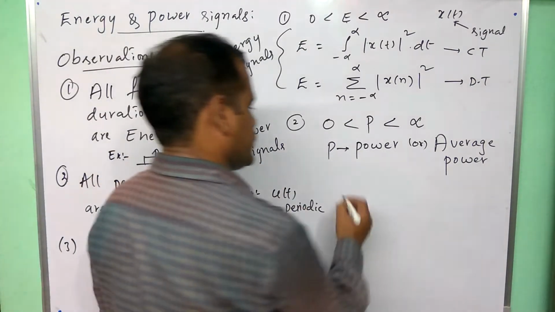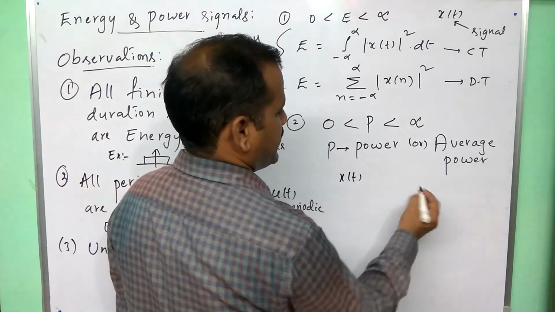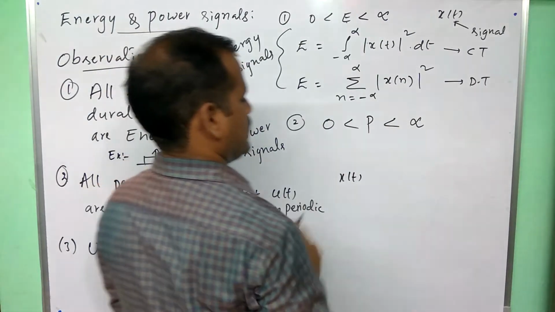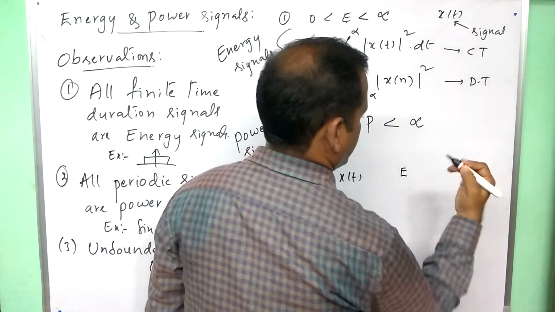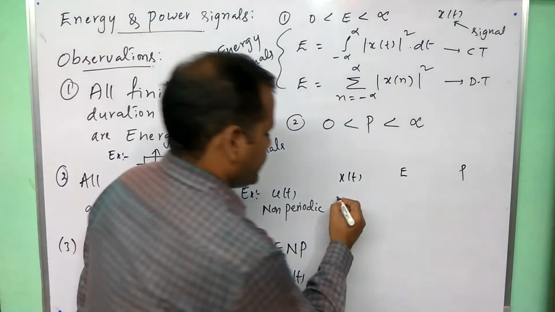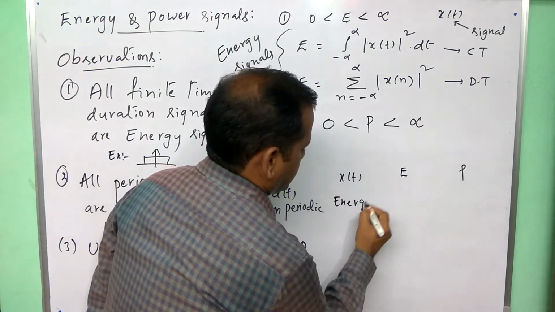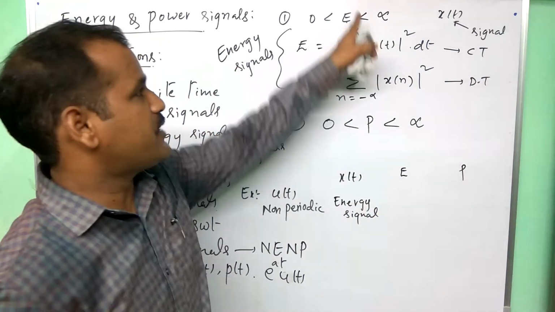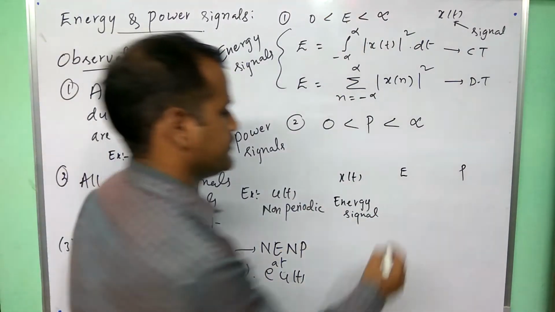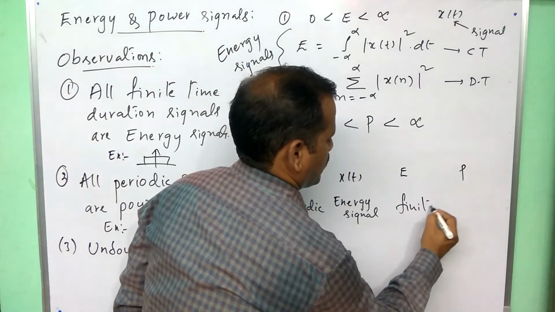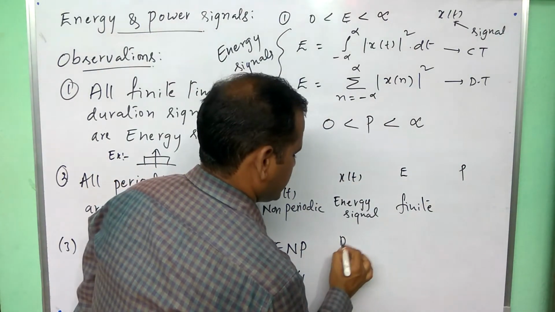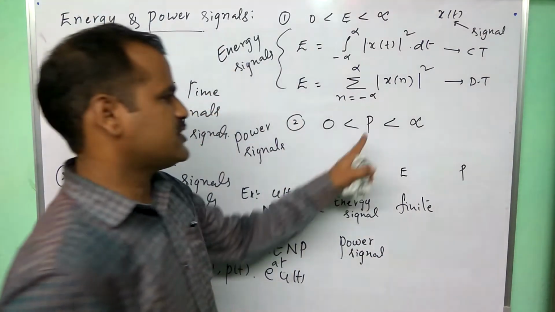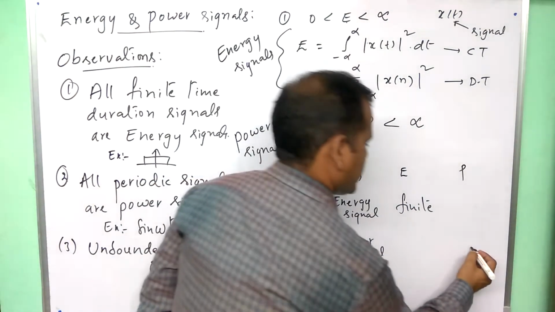And one table, if you observe, for the x of t signal, energy and power. If it is an energy signal, from the definition, energy E should be finite. If x of t is a power signal, from the definition, P is finite, or power is finite.